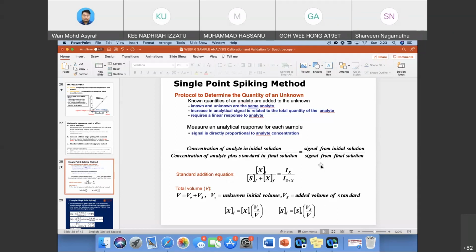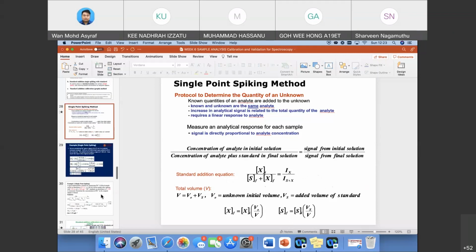So it measures the signal which is directly proportional to the analyte concentration. It is done by having this equation: concentration of analyte in the initial solution divided by concentration of analyte plus standard in the final solution, equals the signal from the initial solution over the signal from the final solution.